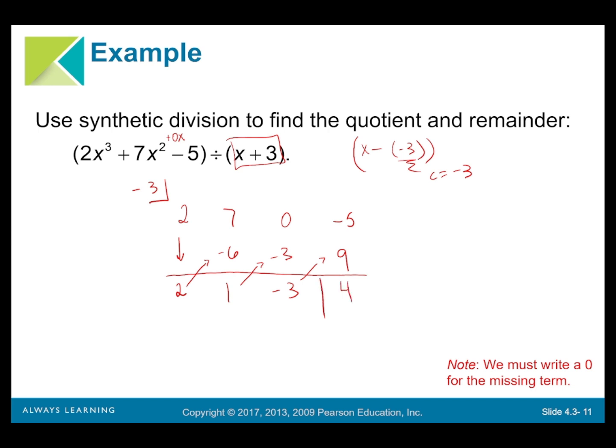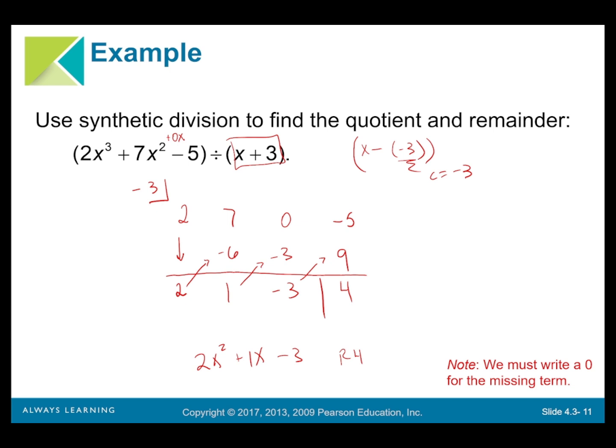And I draw that line because I know 4 is my remainder. So I like to write that first, and I like to work my way backwards. I think it makes it easier. So R4, and the polynomial is minus 3 plus 1x, and then my x squared term, 2x squared, and then remainder 4.